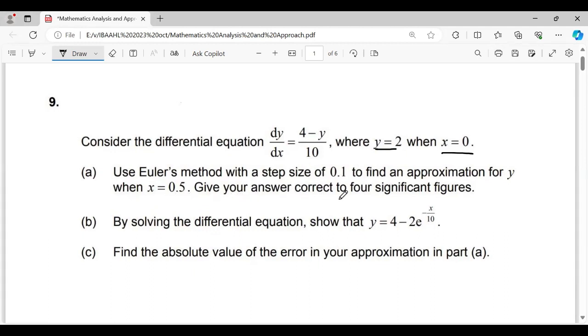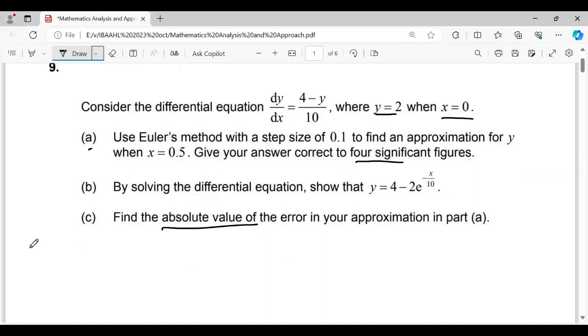Give your answer correct to 4 significant figures. B, by solving the differential equation, show that y equals 4 minus 2e to the power of minus x over 10. C, find the absolute value of the error in your approximation in part A.